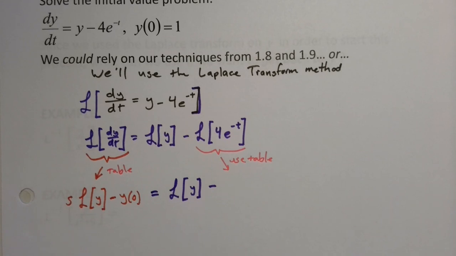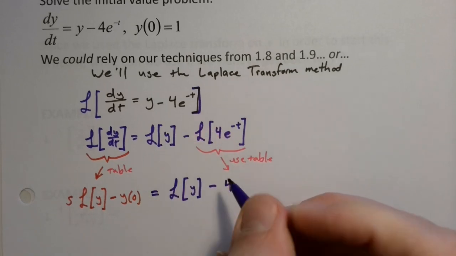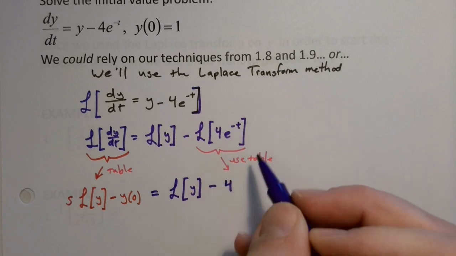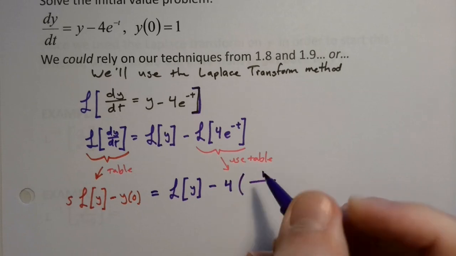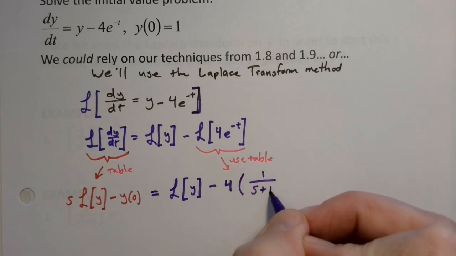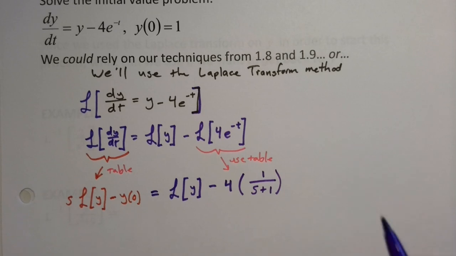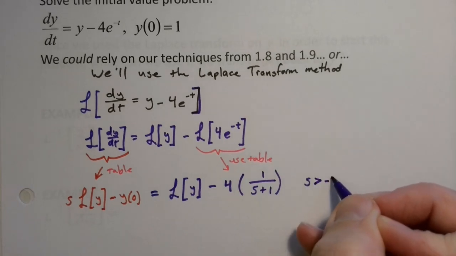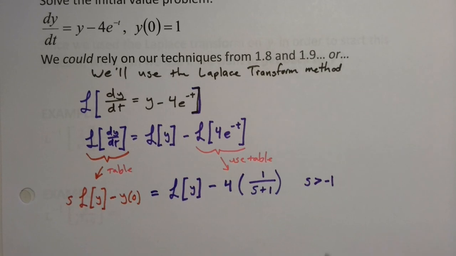You flip over to the previous page and you find that you can pull the -4 out front, and it's -4 times the Laplace transform of e to the negative t, which is 1 over s plus 1. As a side note, this is true as long as s is greater than -1. We keep that in our pocket on the side.